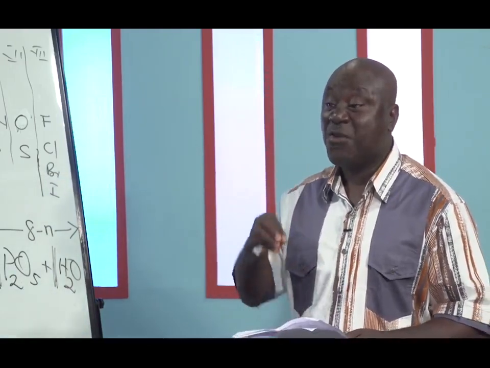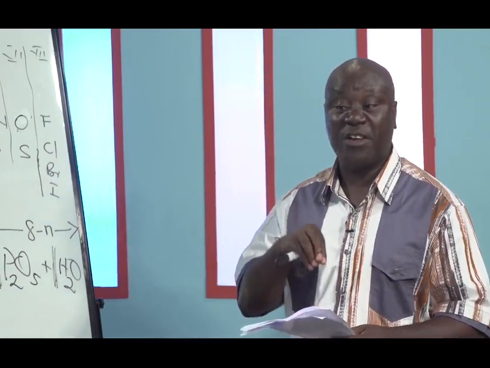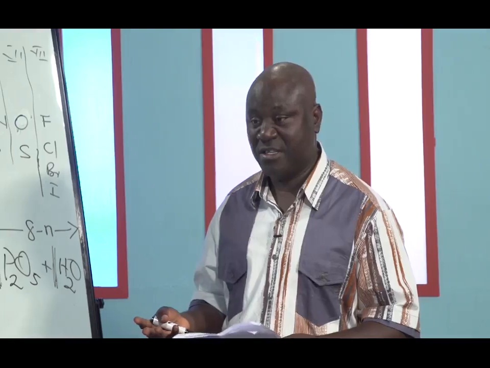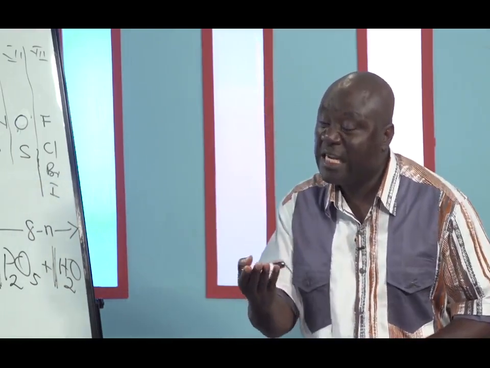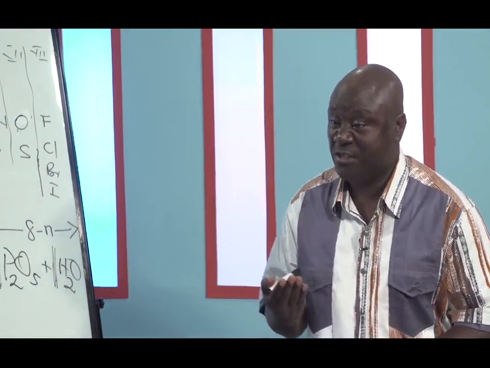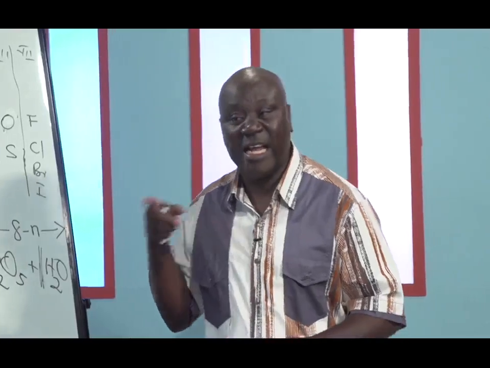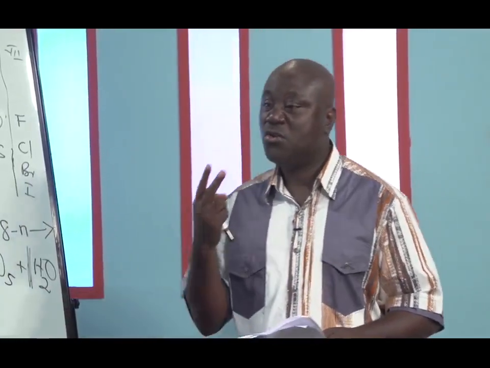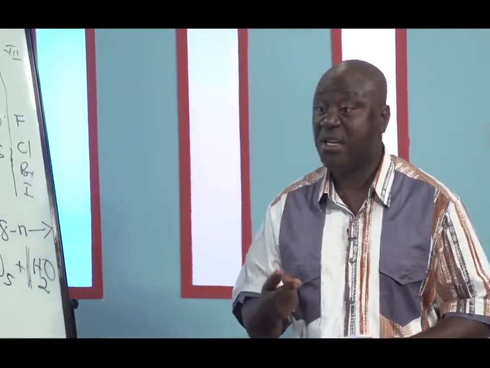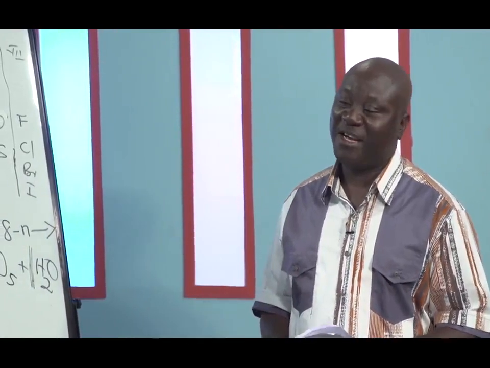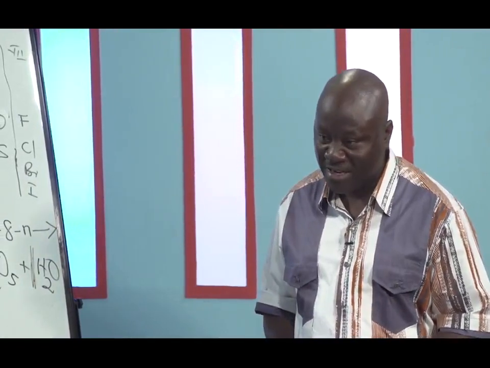In any case, the question asks for the definition of ionic bond and not the formation of ionic bond. So you should have said that ionic bond is an electrostatic force of attraction that exists between a cation and an anion, or two oppositely charged ions, to get your full mark. Have I made myself clear?